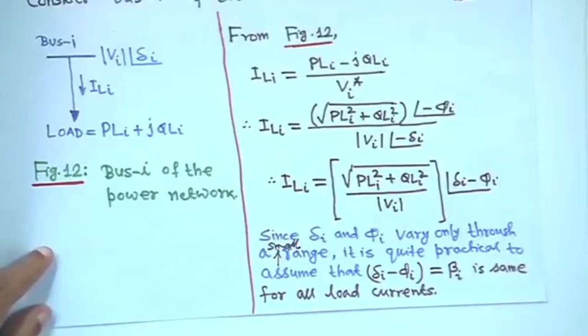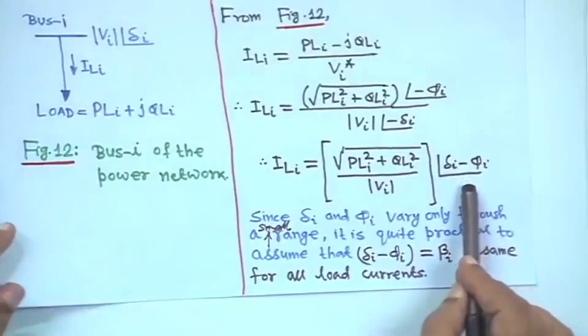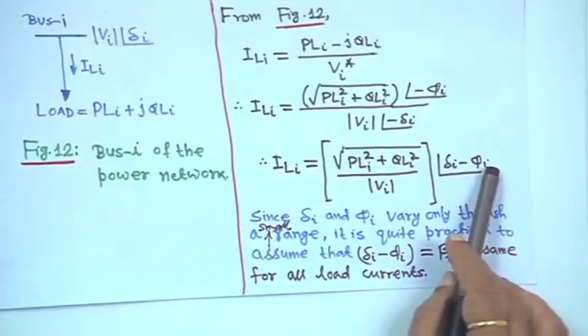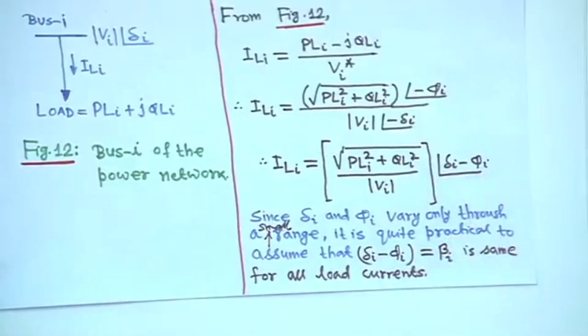That means A_k1 equal to I_K1 upon I_L, or A_k2 equal to I_K2 upon I_L, will become real quantities. So A_k1 and A_k2 both are real numbers.